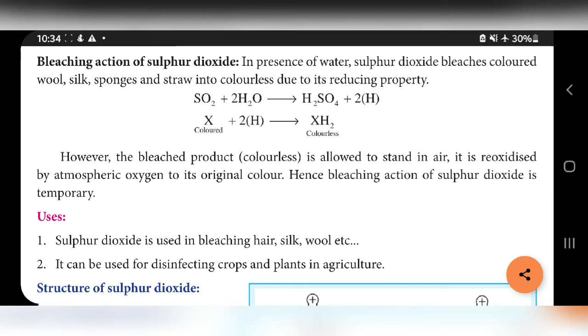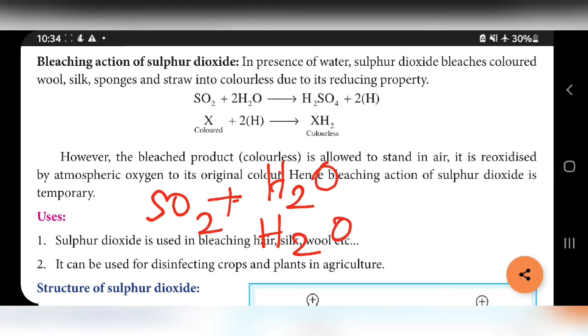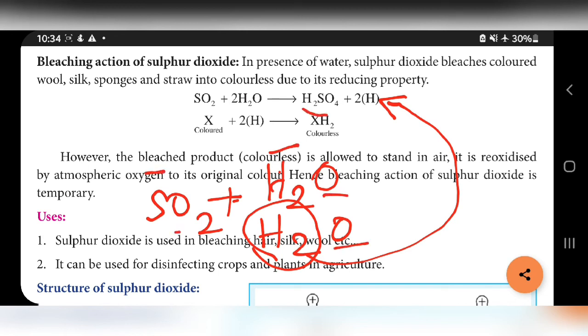For understanding, we can write it like this: SO2 reacts with 2 molecules of water, H2O. This H2 is liberated as 2H. The remaining all combine, and all the 4 oxygens combined means you will get H2SO4.